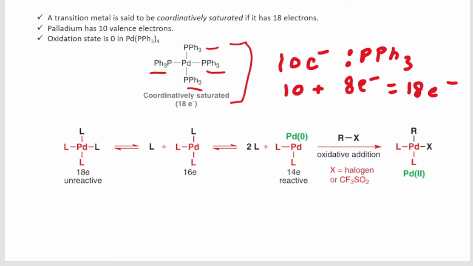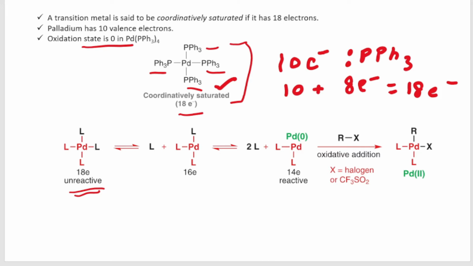In this case your palladium is stable because its outer shell has 18 electrons, and the oxidation state of palladium tetrakis is 0. So now palladium becomes stable, and stable species are unreactive.